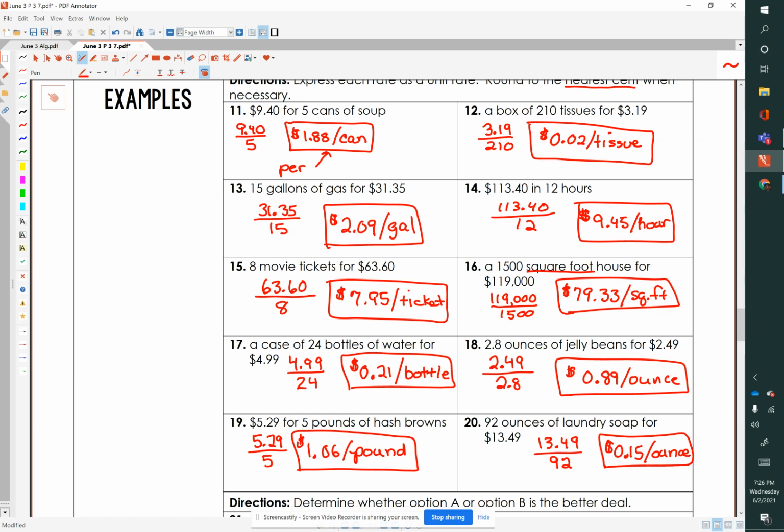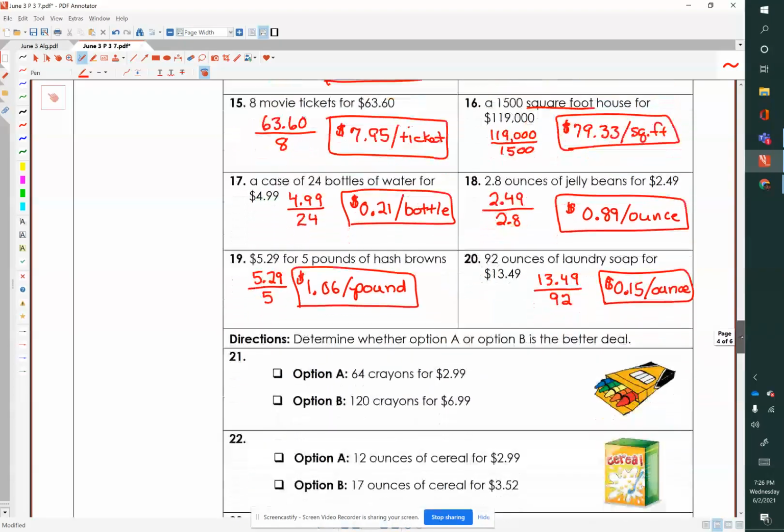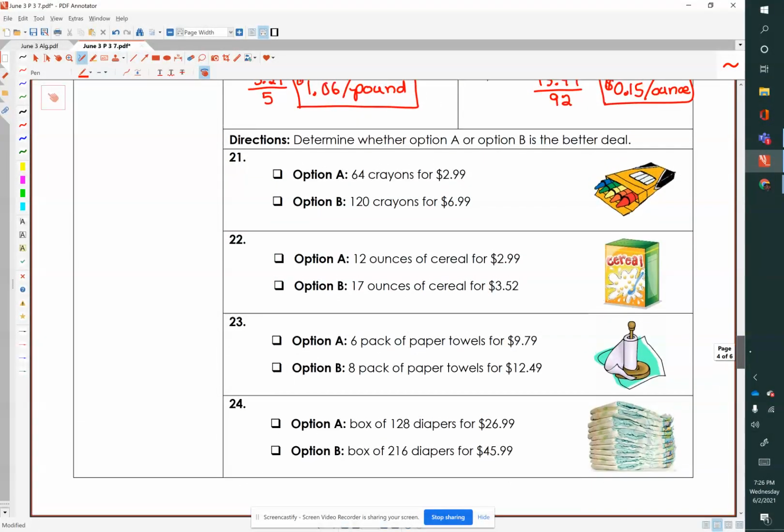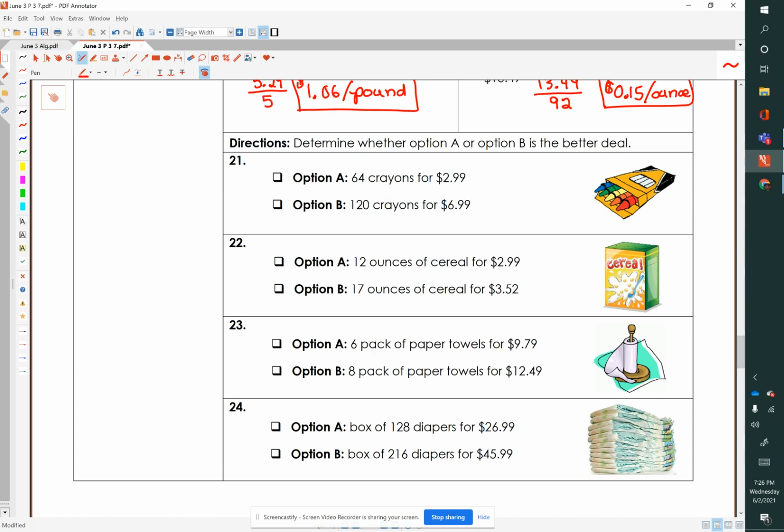Okay, we've got a couple more things to do. We've got 4 more problems, and we have some nice color here. So we're going to determine whether option A or option B is the better bargain, the better deal. So 64 crayons for $2.99. $2.99 divided by 64, that would be about 5 cents per crayon.